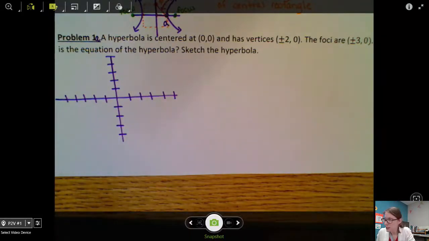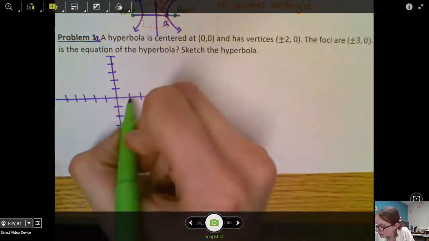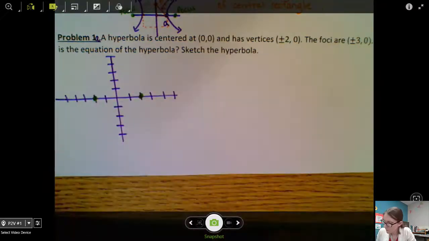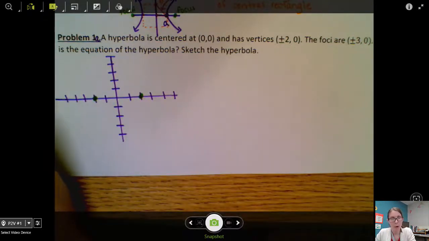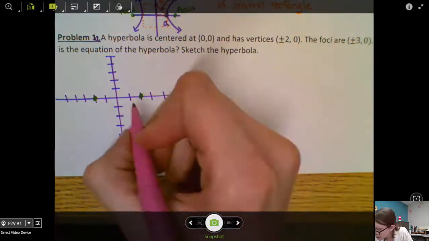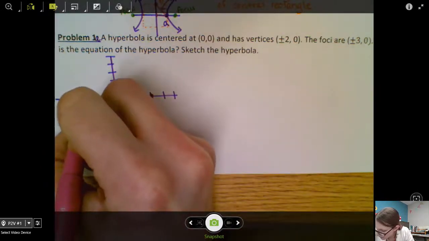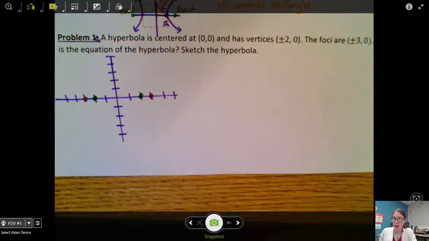We know the vertices are at plus or minus 2, 0. So we have a vertex here and here. And our foci are at 3, 0 and negative 3, 0. So keep in mind that that focus is always going to be inside our hyperbola. We have a focus here and a focus here. Now that tells me that my hyperbola has to go sideways.